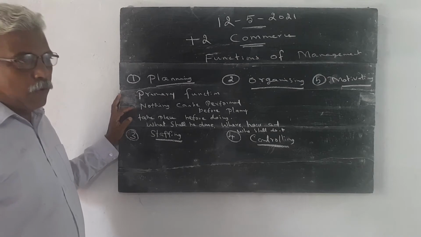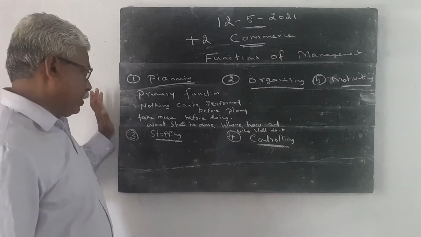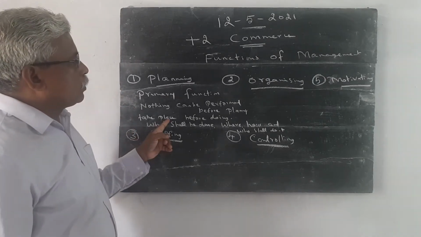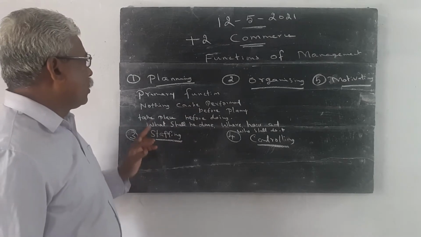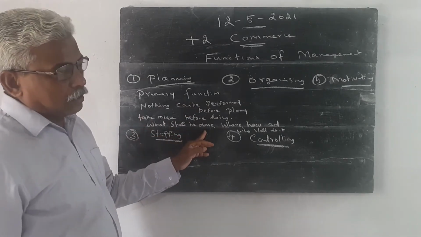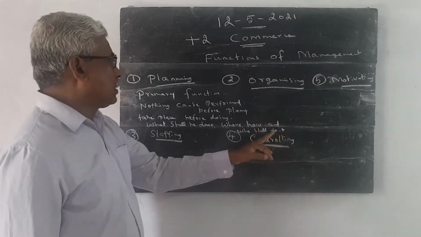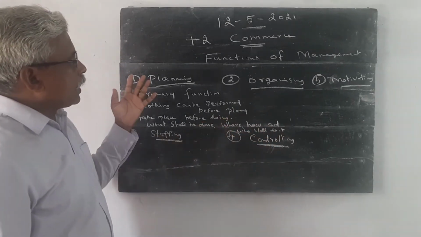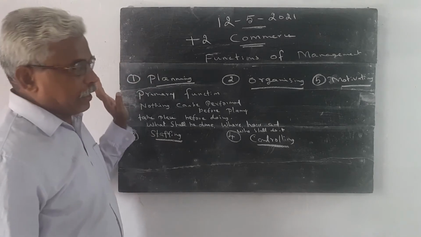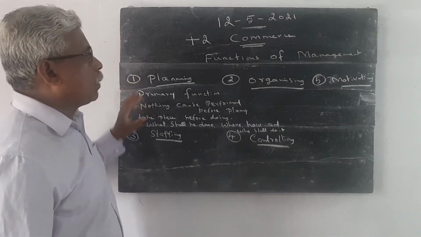Nothing can be performed before planning. Planning takes place before doing. What shall be done, where, how, and who shall do it is decided in advance is called as planning. This is the details about planning.